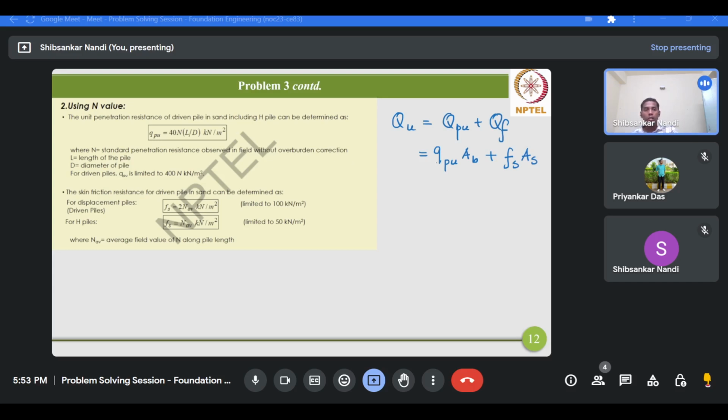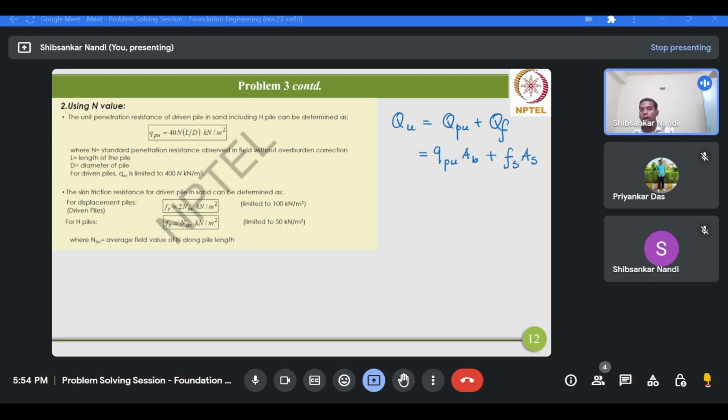Now the remaining part is to calculate the QPU and FS. You can calculate them by using this equation. QPU will be 40 times N L by D in kilonewton per meter square, where N is the standard penetration resistance observed in the field without overburden correction. Please be very careful that you need not implement any overburden correction on the observed SPT data to calculate the QPU.